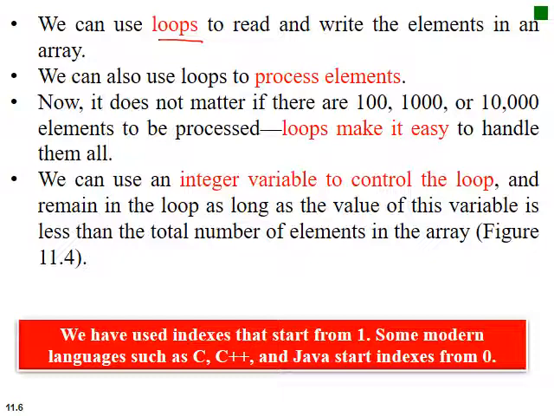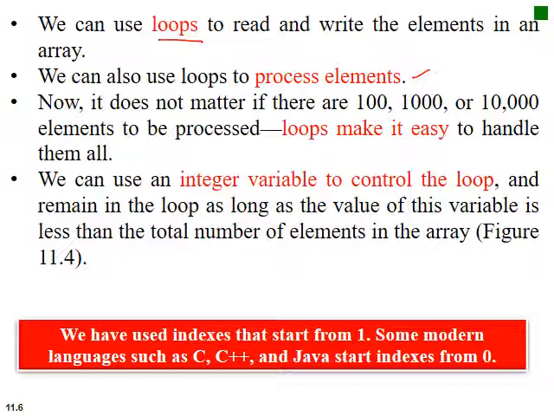We can also use loops then to process the elements. We will look at examples in just a while. Now, it does not matter if there are actually 100, 1,000 or 10,000 elements to be processed. Loops are going to make it easy to handle all of them.